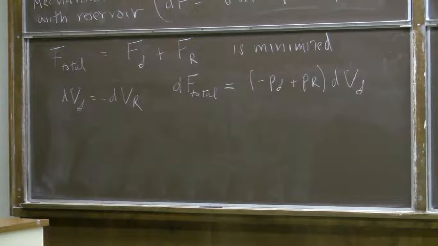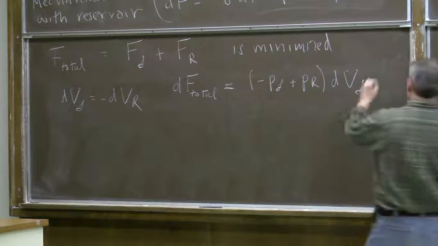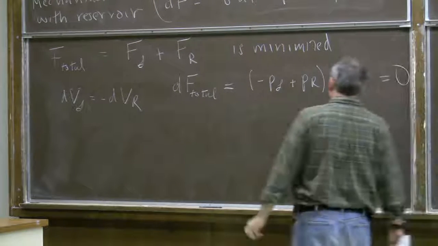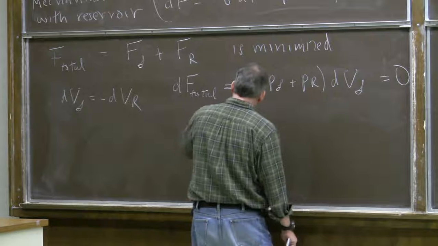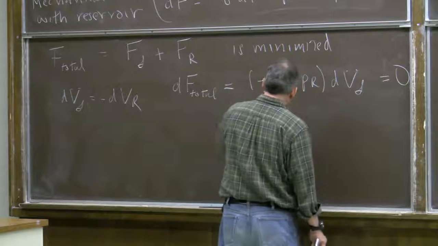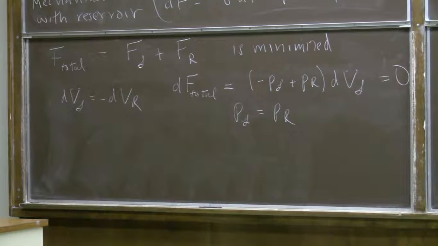And when we're in mechanical equilibrium, that'll be 0. So in other words, the pressure of the system matches the pressure of the reservoir in mechanical equilibrium. That's the configuration that minimizes the Helmholtz free energy.